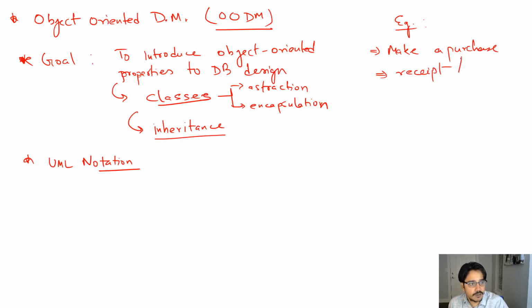That receipt is also known as an invoice. So now if I want to represent the entity of invoice within my database design using an object representation within the UML notation, then I can have invoice as the name of the entity.